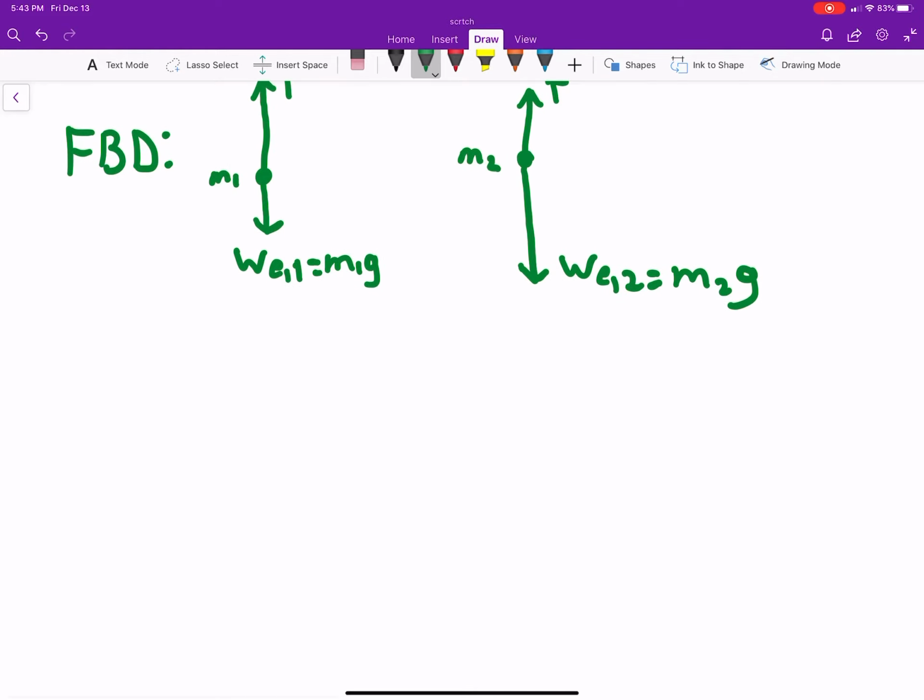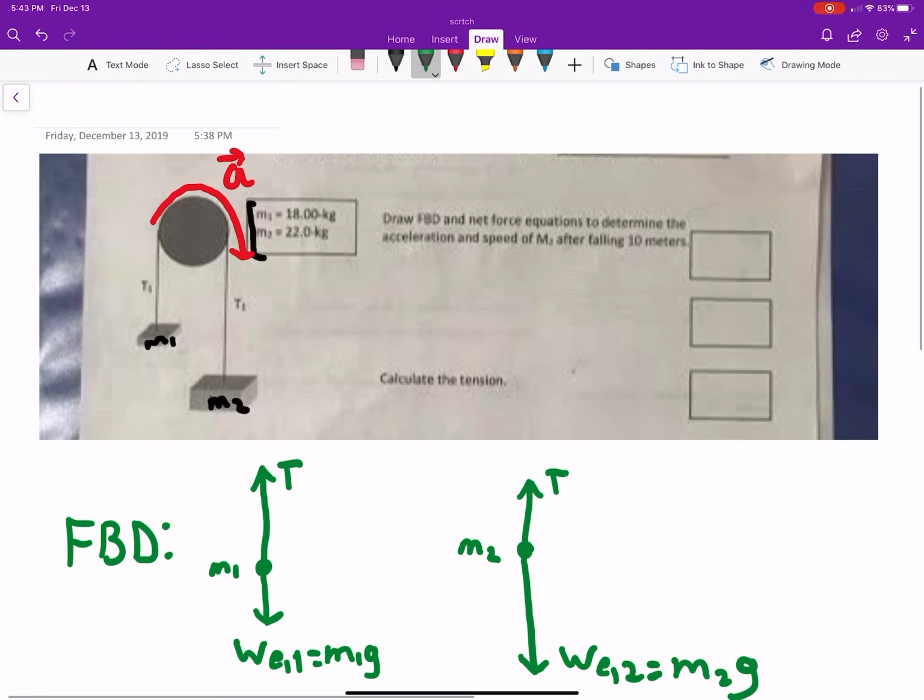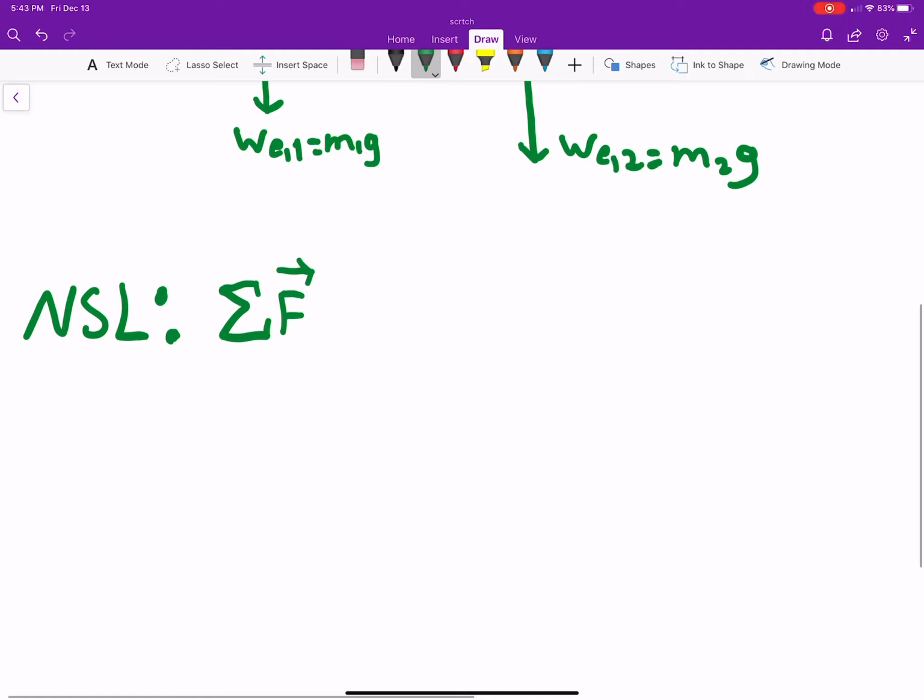Now we go on to Newton's second law. So we could look at either one, but let's look at the first mass first. So the sum of all forces, in this case, there's only motion in the y direction. I'm not going to specify it, but just so we know, there's no x direction.